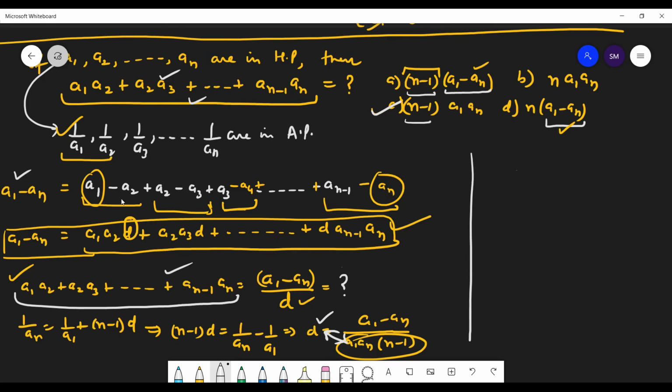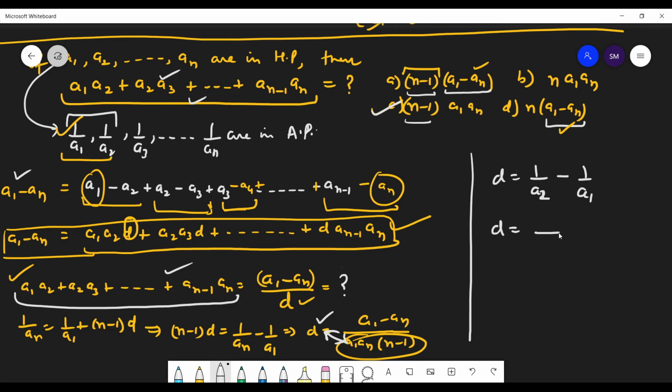Now what is the relation? If we are using AP, obviously we will be dealing with the common difference. So a1 minus a2 will give me the common difference. Why not find the common difference? Common difference between these two terms you can see here. So d is equal to 1 by a2 minus 1 by a1.